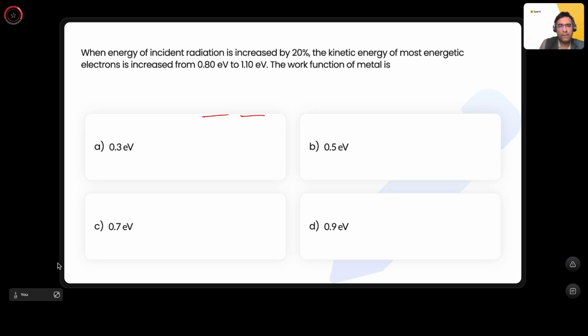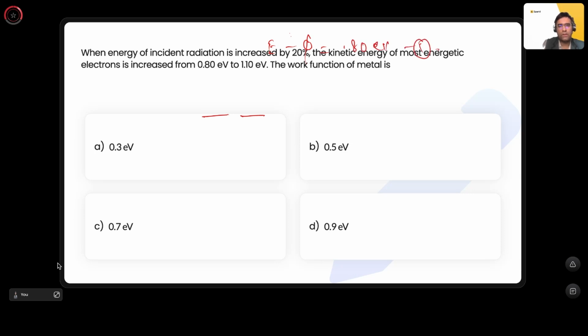Let's say the kinetic energy is K. Earlier, K max was 0.8 and 1.10 is given. So let's say the initial energy of the incident radiation is E only, so E minus phi is equal to 0.80 electron volt.